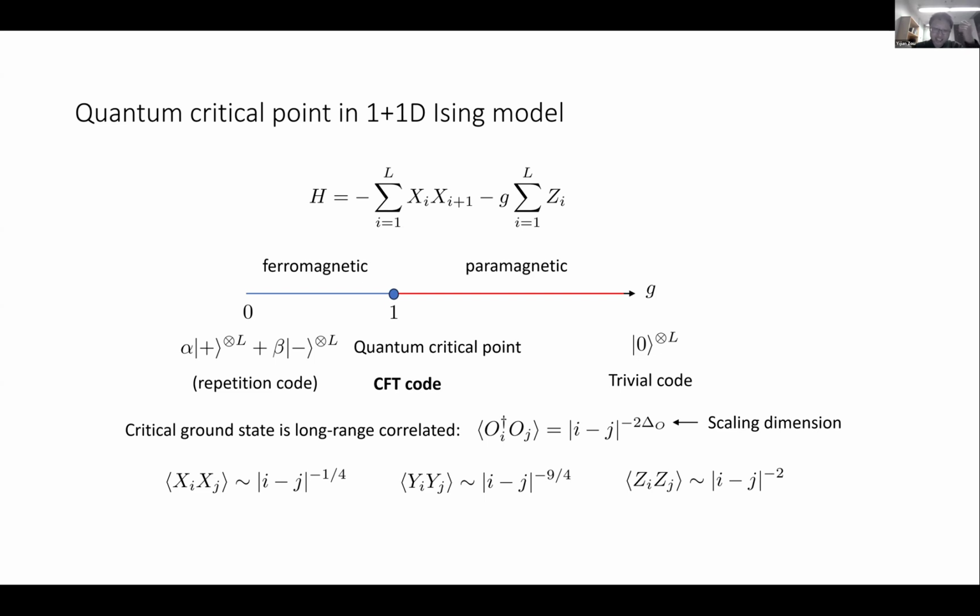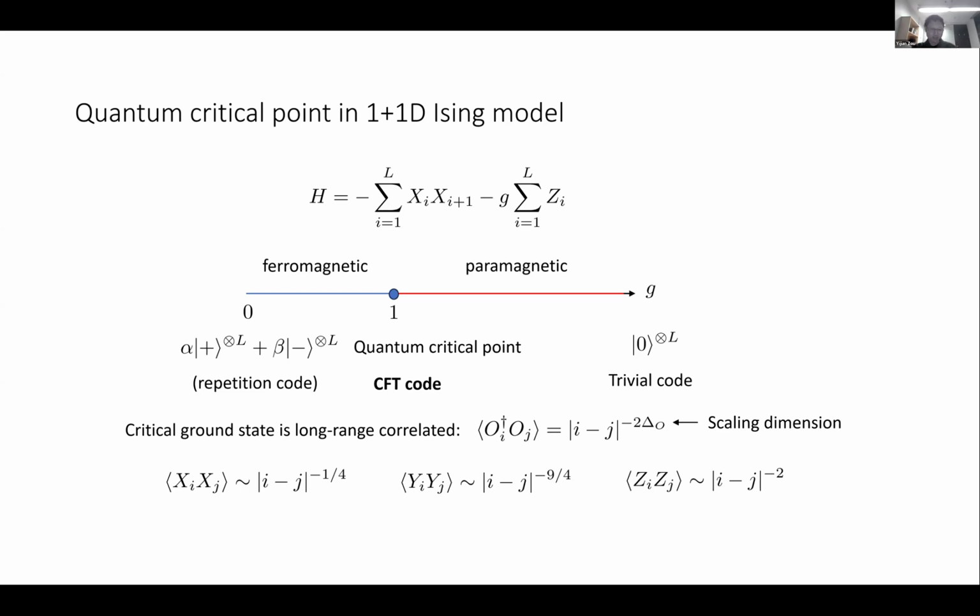One important property that distinguishes this critical point from the gapped phases on the left and on the right is that the ground state is long-range correlated. If you look at the two-point correlation functions on the ground state of the critical system, you will get a polynomial decay instead of an exponential decay. There is a very important power called the scaling dimension that characterizes the power law.